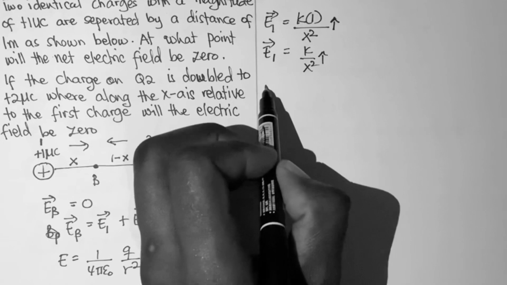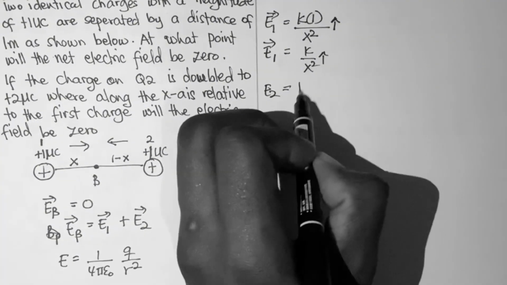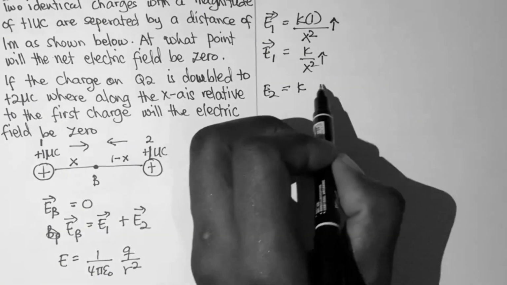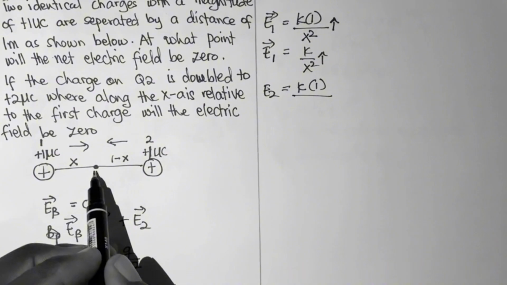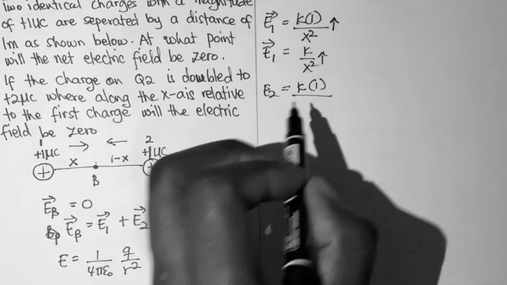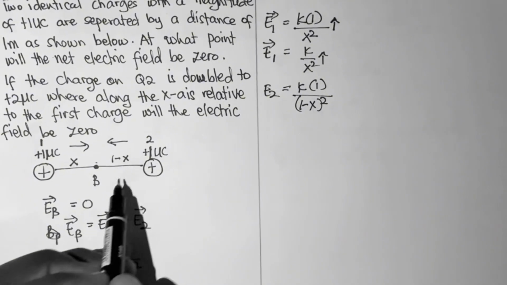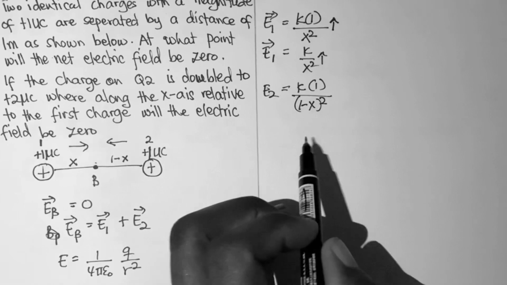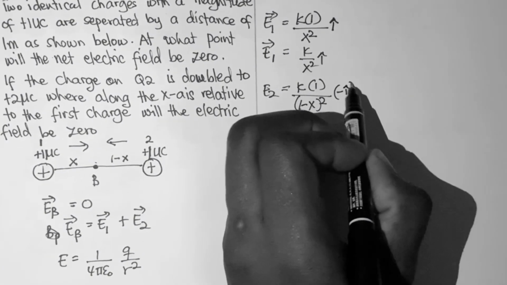And then now let's calculate E2. E2 is also going to be K times 1 microcoulomb, so times 1 divided by the square of the distance between the second charge and B, and that's 1 minus x squared. However, E2 is going in the negative x direction, so here becomes times minus i.